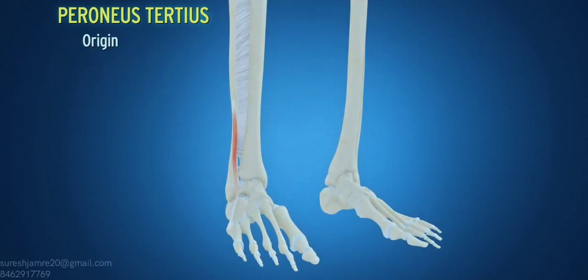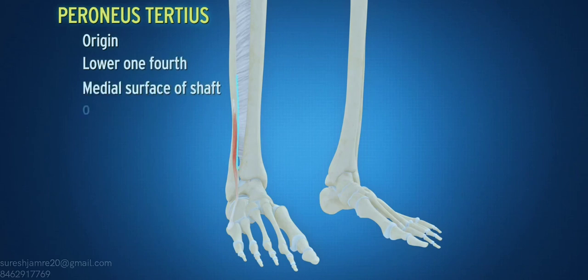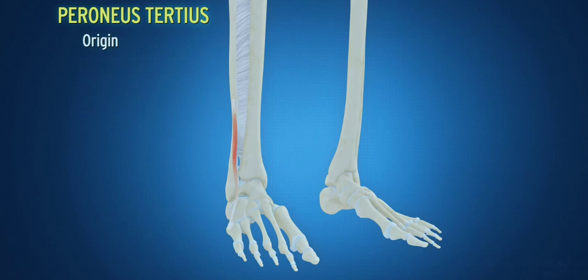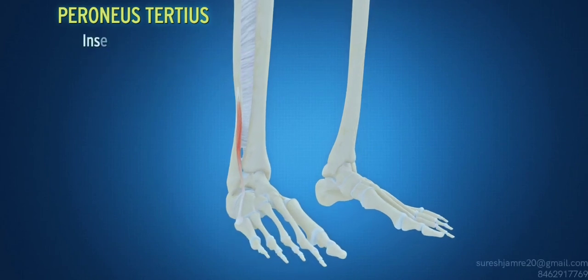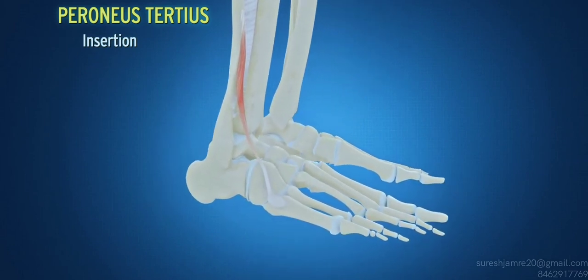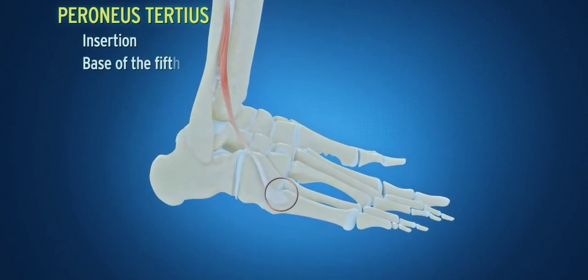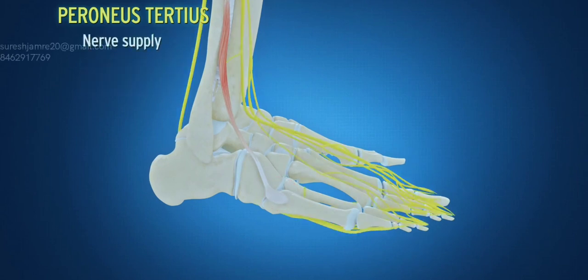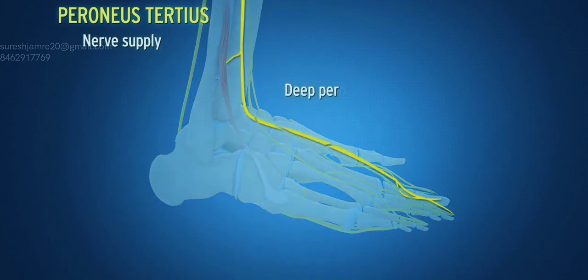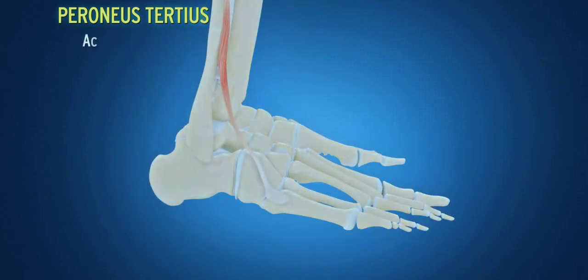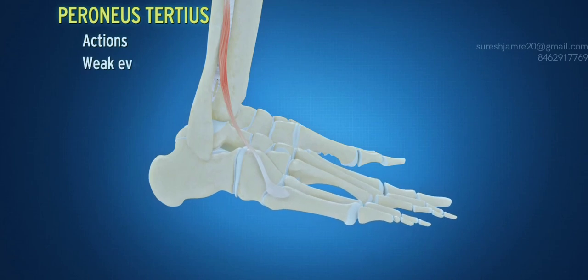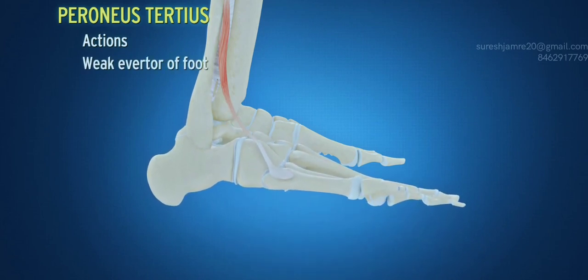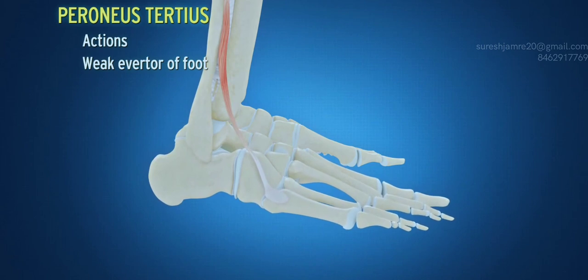Origin: from lower 1/4 of the medial surface of the shaft of the fibula, adjoining part of interosseous membrane. Insertion into medial part of the dorsal surface of the base of the 5th metatarsal bone. Nerve supply. It is innervated by the deep peroneal nerve. Actions. Dorsiflexion of ankle joint, acts as a weak everter of foot.